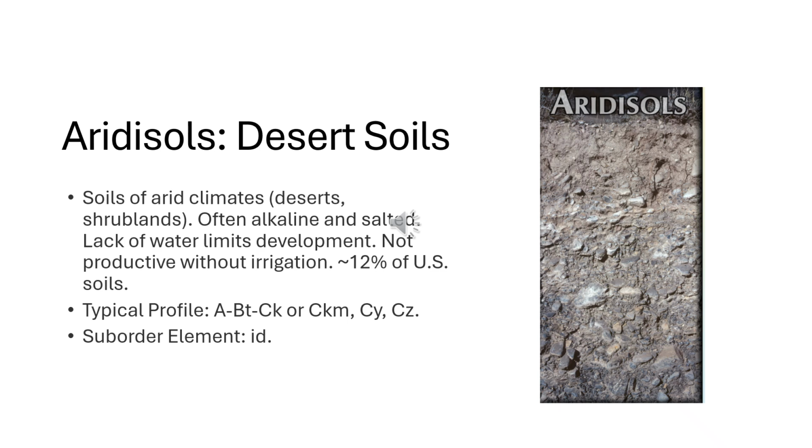Unless it's irrigated, they aren't very productive for ag, but many in the western U.S. are irrigated. They make up about 12% of U.S. soils, predominantly out west. And you've probably been learning by now some of the downfalls of irrigation. U.S. soils are susceptible to it as well.